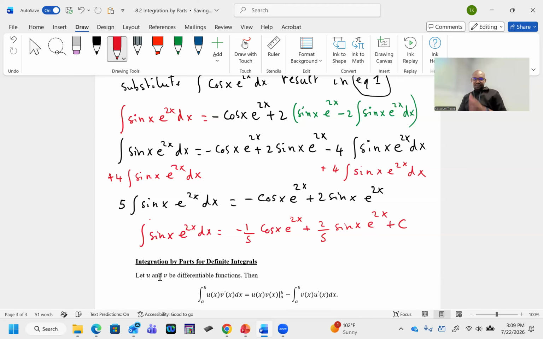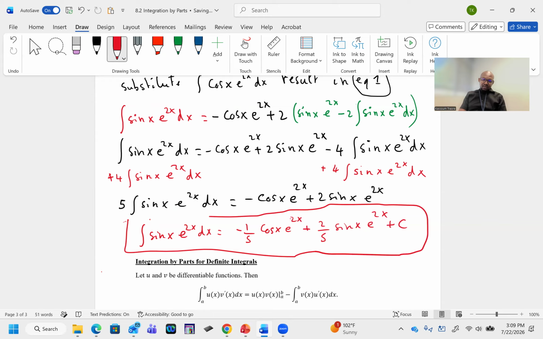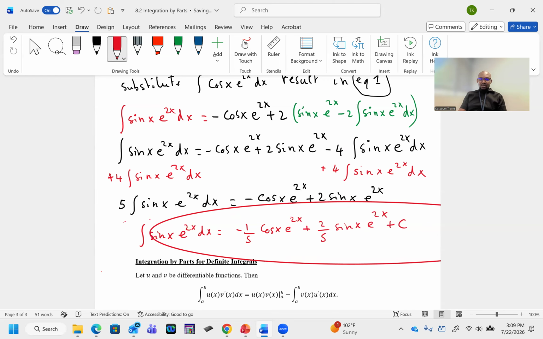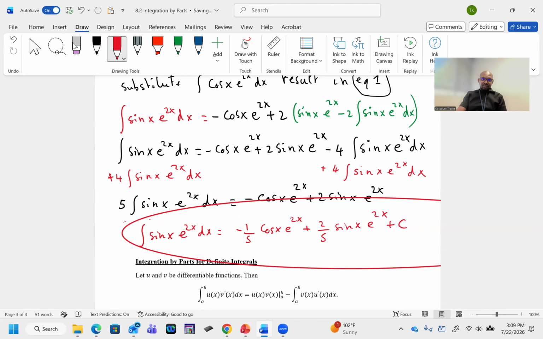So if you want, you can factor 1 over 5 e to the power of 2x. Okay? And that will be my final answer.